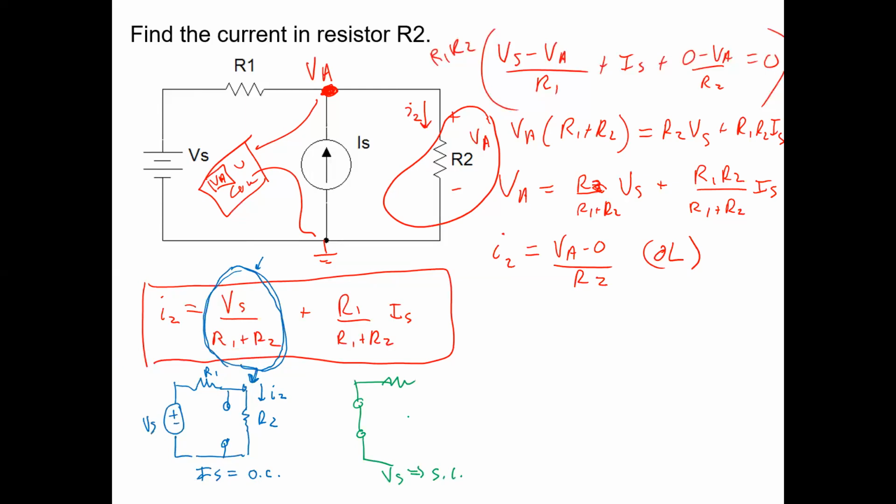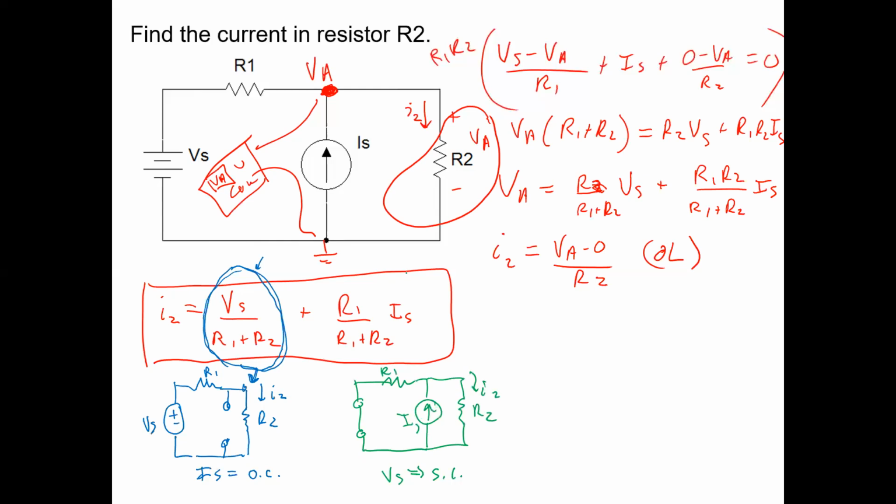David, what is an SC? Yes, a short circuit. And we put the current source back in. We still have our R1 and our R2. And now we're still trying to find what's the I2 here, but we don't have a voltage source anymore.